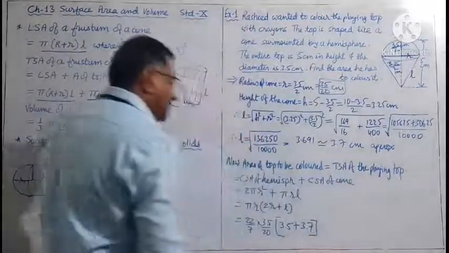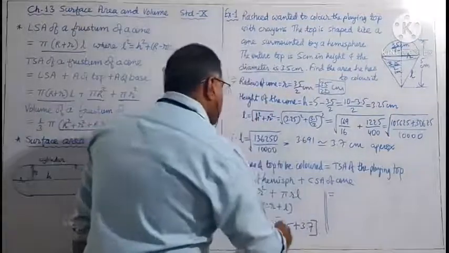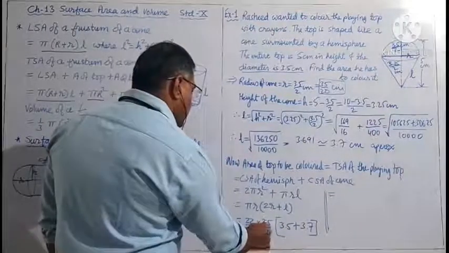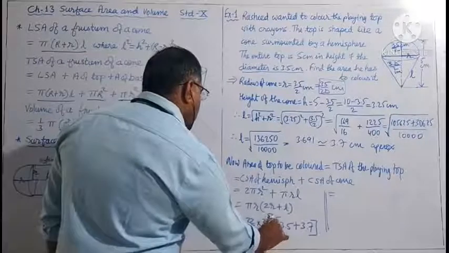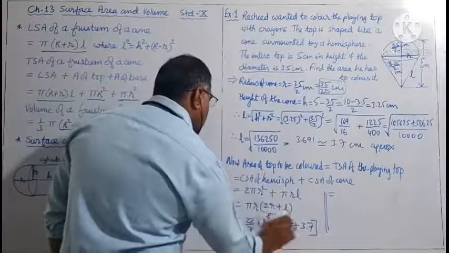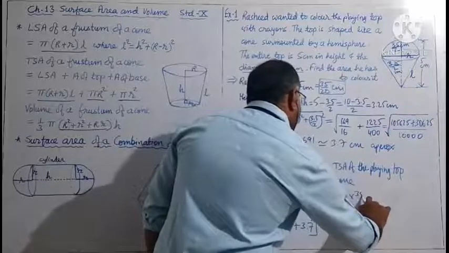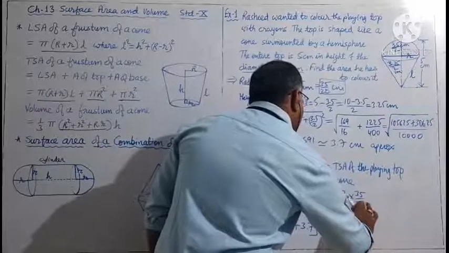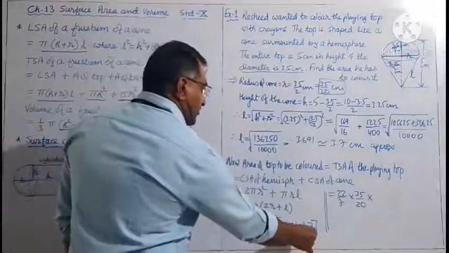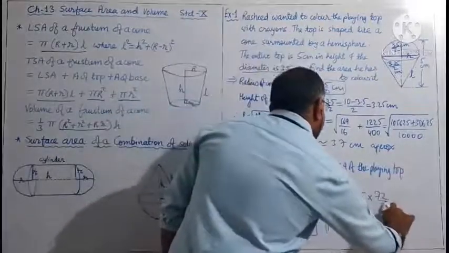So here we will get this result, that is equal to 22 by 7 multiplied by 35 by 20, multiplied by this bracket 3.5 plus 3.7, and that is equal to 7.2, that is 72 by 10.